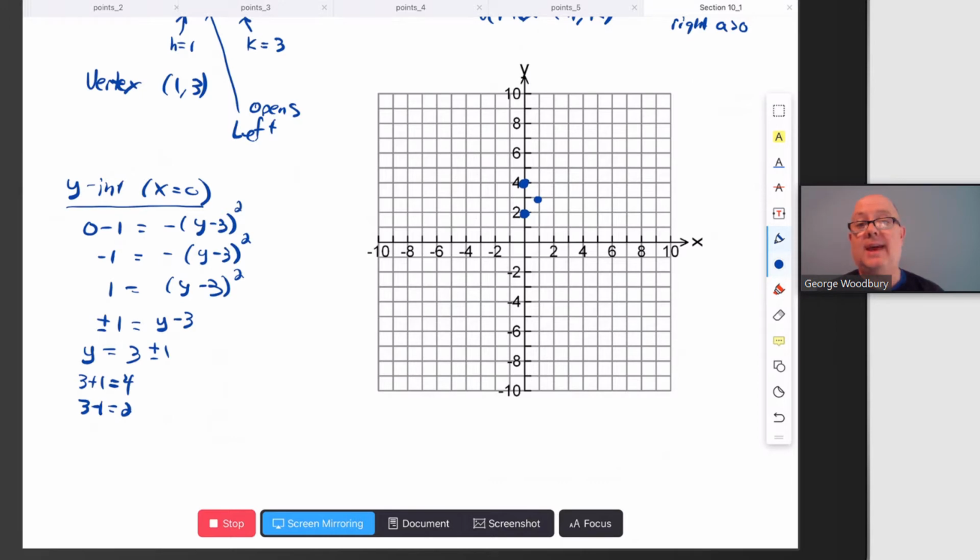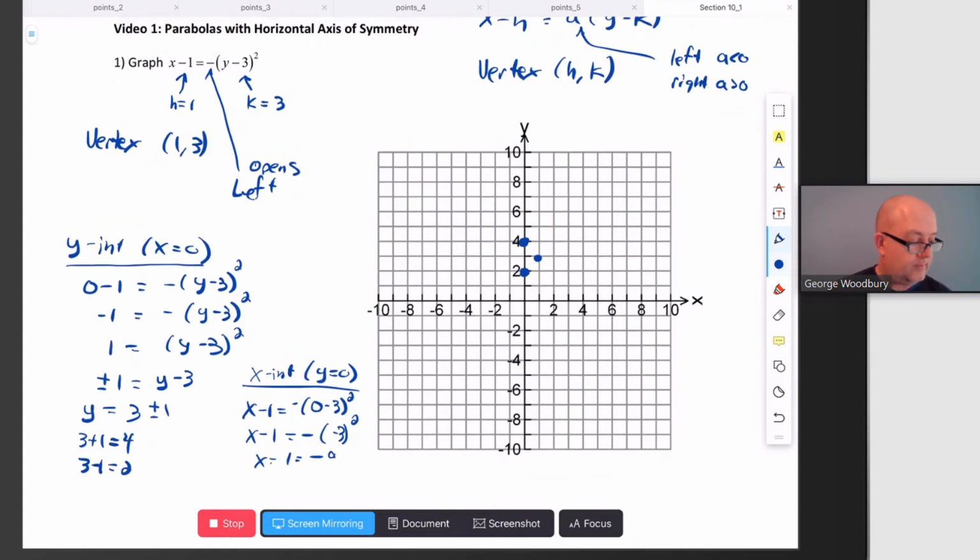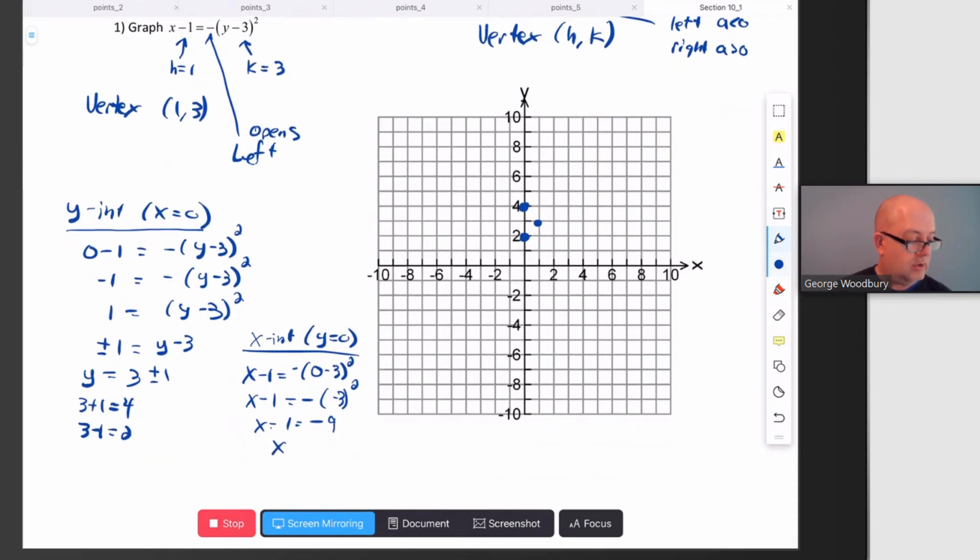I could also find the x-intercept, which is where y equals 0. x minus 1 equals negative 0 minus 3 squared. x minus 1 equals negative, or the opposite of, negative 3 squared. x minus 1 equals negative 9. And then if I add 1, I get x equals negative 8.